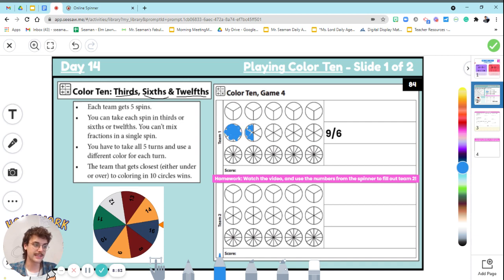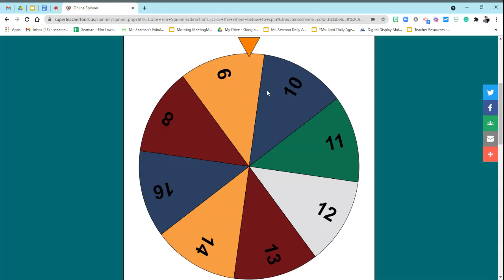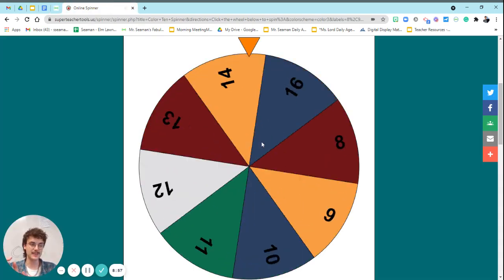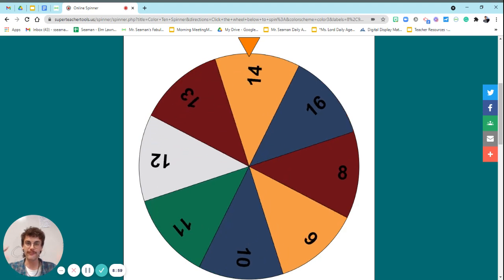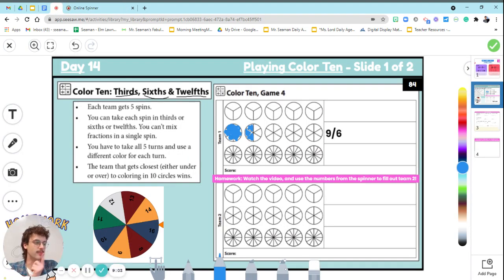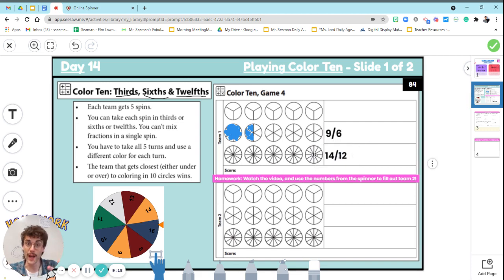So now I'm going to take a few more of my turns. I'll show you exactly what I do. I'm going to spin my spinner. I get 14. So I think I'll do 14 twelfths. When I do 14 twelfths, what I know I'm able to do is 1 whole circle is 12.